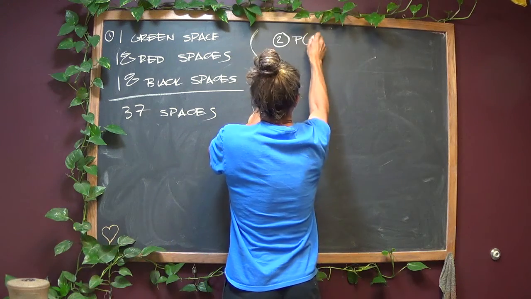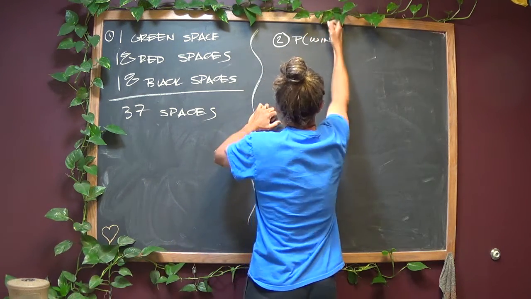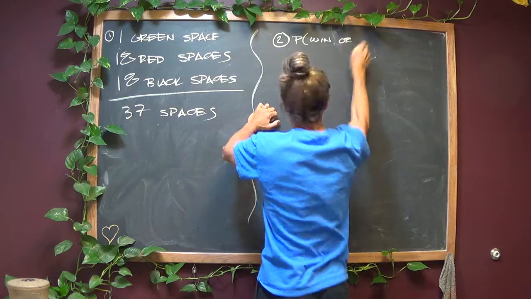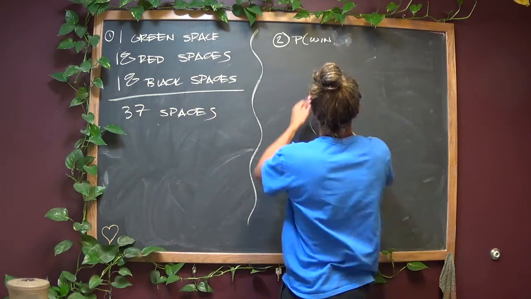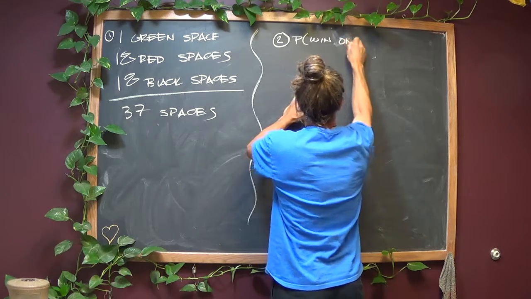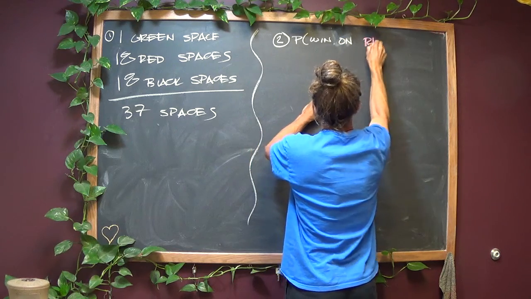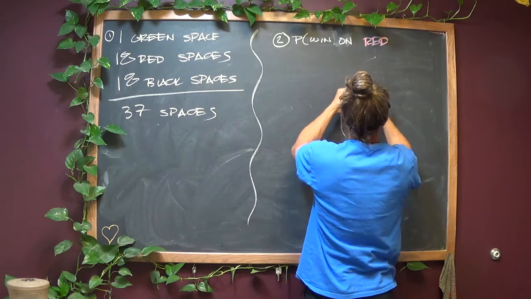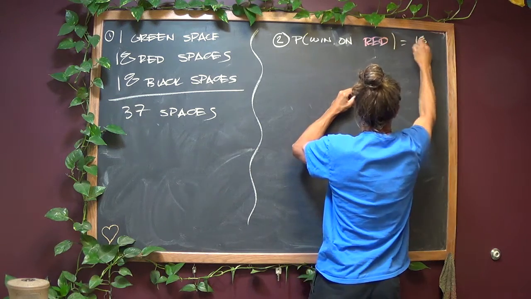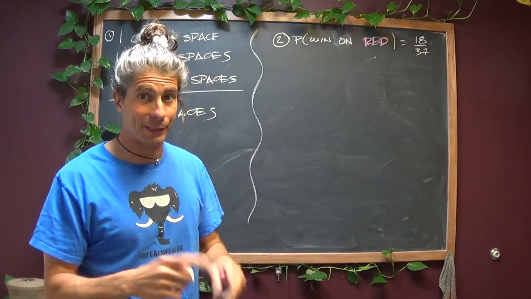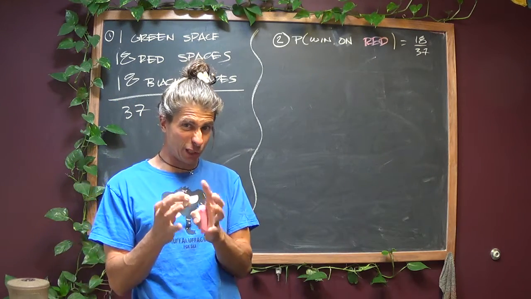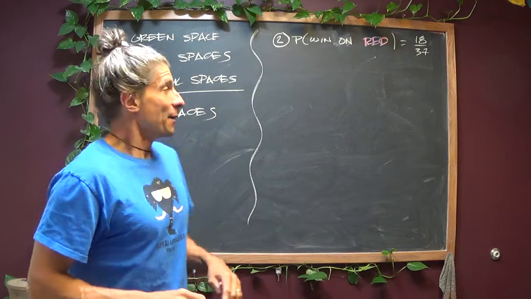So the chance of winning on red is going to be 18 out of 37. There you go, which means the chance of losing is the other 19. So again, just right below 50-50.